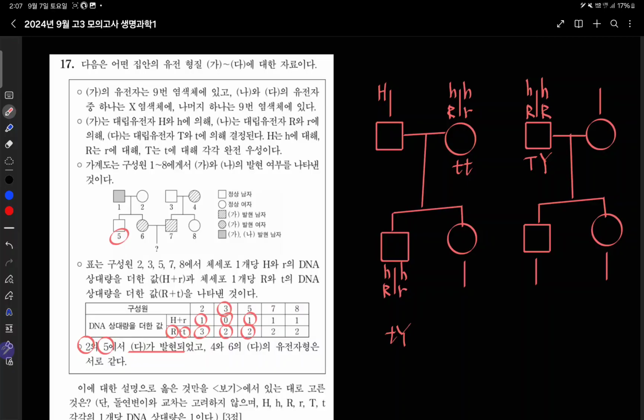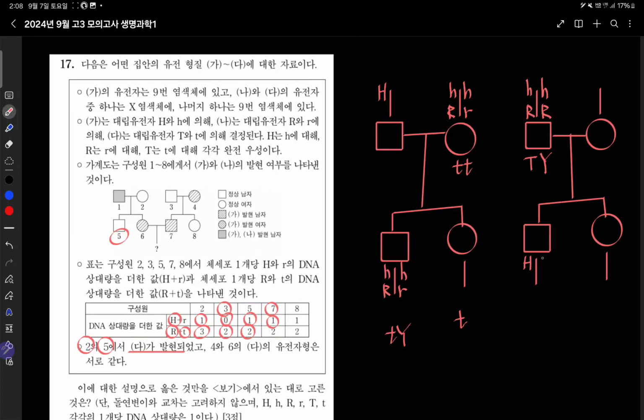So individual number 6 should have at least one lowercase t allele from her mother. And individual number 7 has the first trait, and he needs to have one capital H allele.